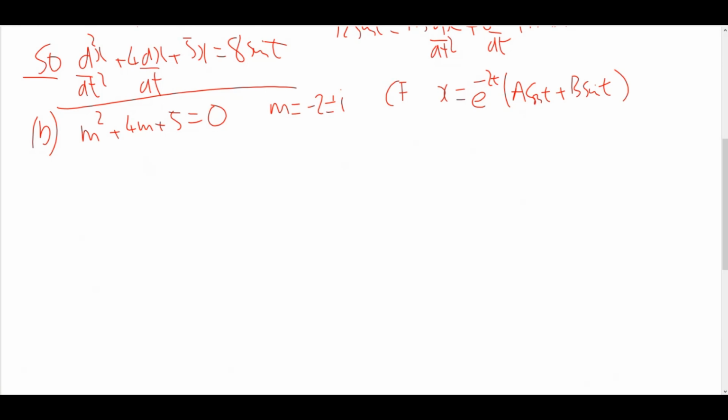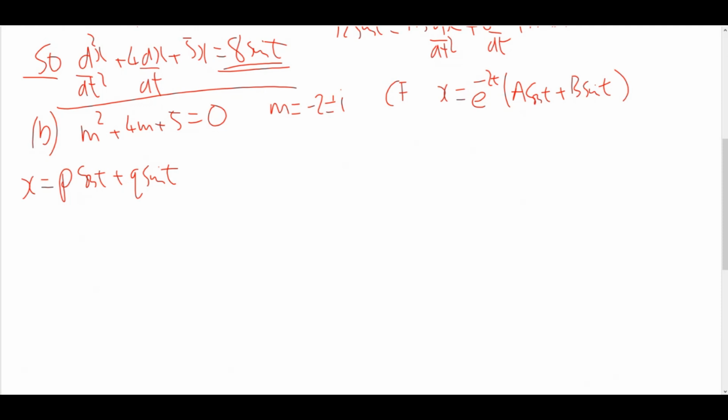However, in this case, because there is another function on the right-hand side, we need to find a particular integral. And the essential principle is you try something of the same form as the right-hand side. So my trial particular integral, because this is sin t, you have to try something which has got sin and cos t in it. So I'm going to try x is P cos t plus Q sin t.